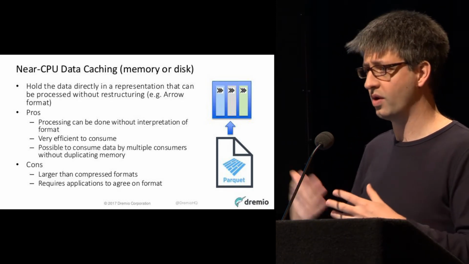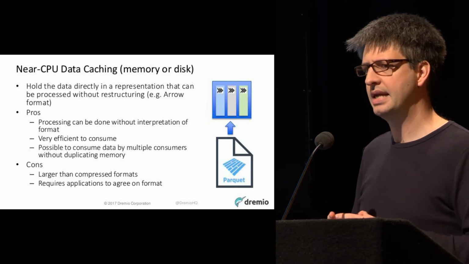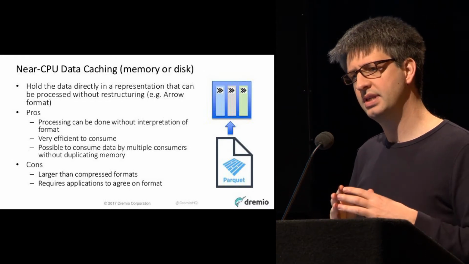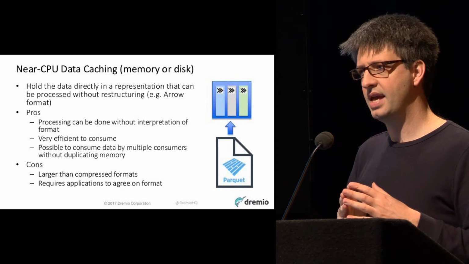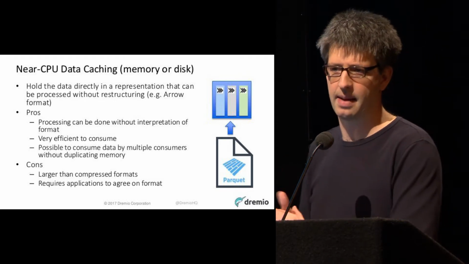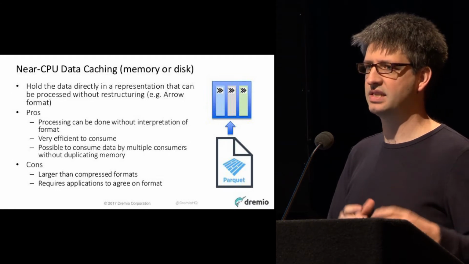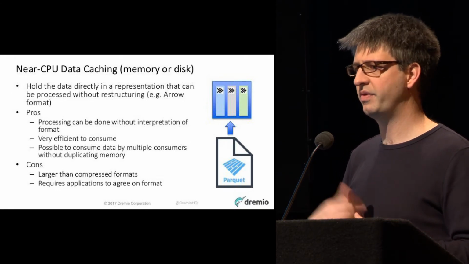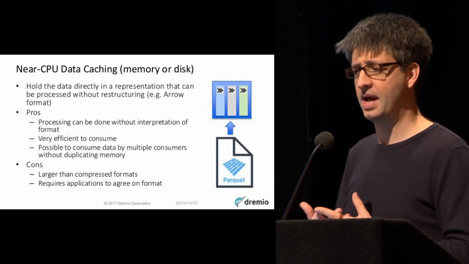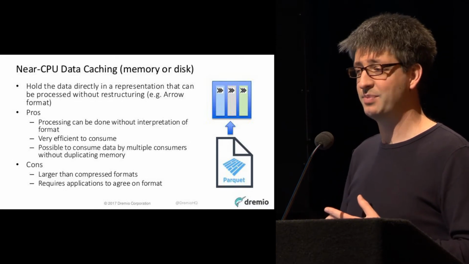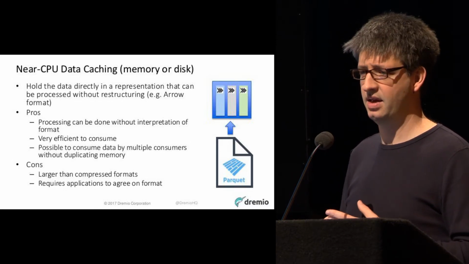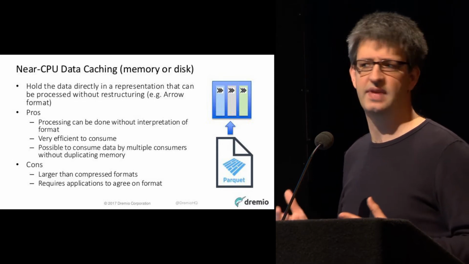Okay, and this is really the core of what I was talking about before with Arrow. It's that, hey, I'm going to hold the data in a representation that is ready to be consumed by an application, rather than storing it in a disk format, which then has to be interpreted, deserialized, or whatever before it can be processed. If I hold it in a format that's very efficient for processing, then I can potentially have multiple people interact with that data without having to make copies of that data in memory.